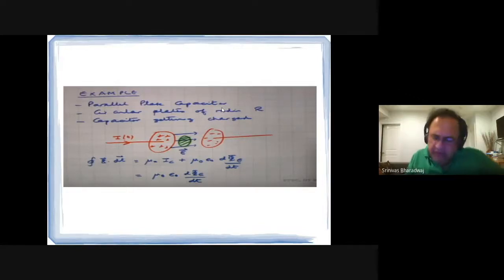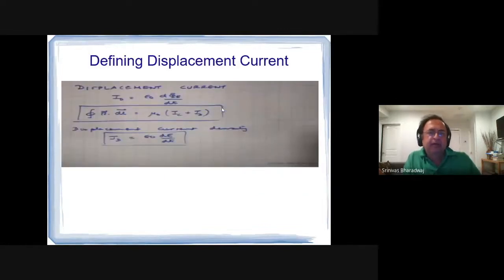The other way is that they introduce this other term called H. Instead of B, they have H. Typically, when they quote Maxwell's equation, they use H. Now, the displacement current I_D is epsilon naught d phi E by dt, and so the displacement current density J_D is epsilon naught dE by dt.